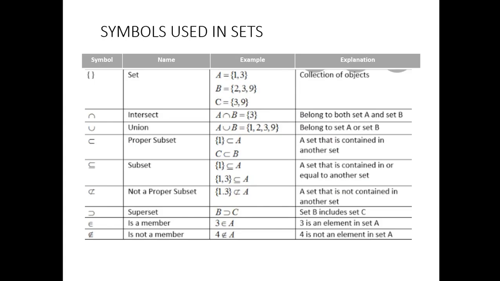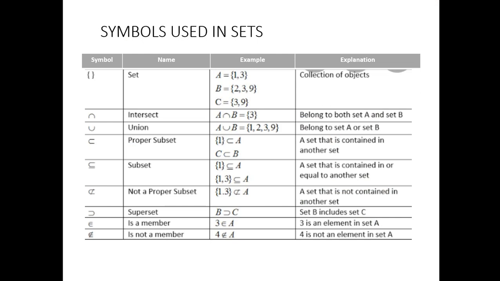Now here are some symbols which we use in the chapter of sets. The first one is the set, which we denote by this symbol. The second one is intersection, and then union.